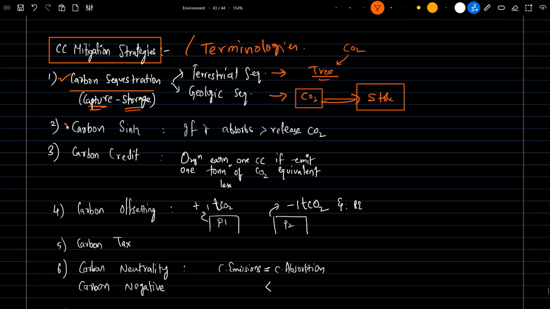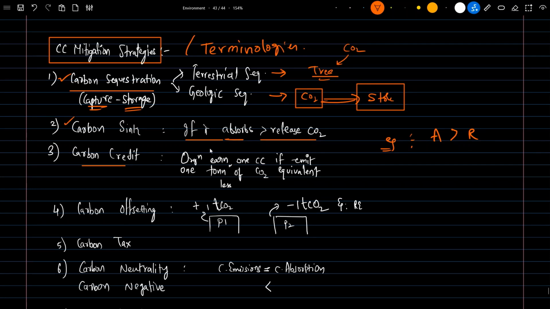Next is carbon sink. Anything is called a carbon sink if it absorbs more CO2 than the CO2 that it releases. For example, a tree. A tree is called a carbon sink. Why? Because it absorbs more CO2 than the CO2 which it releases. Next concept is carbon credit.